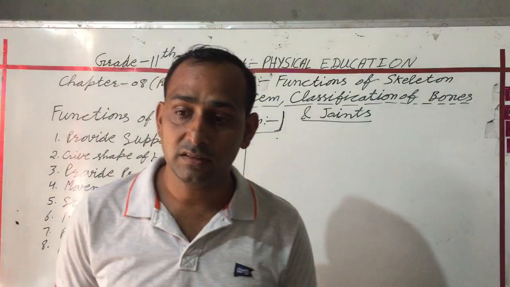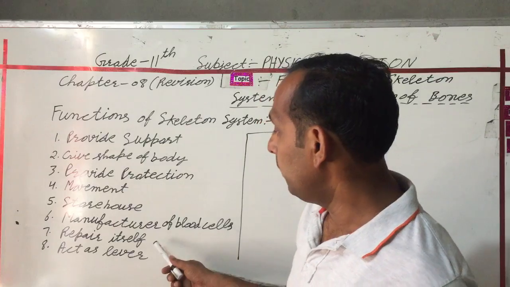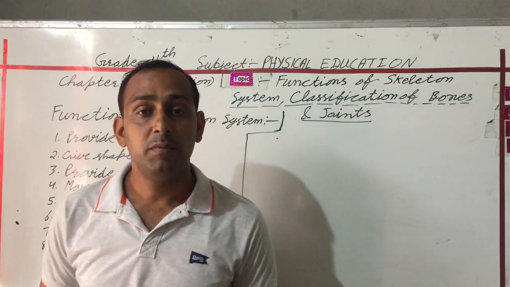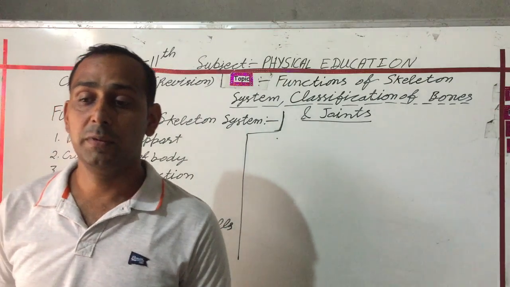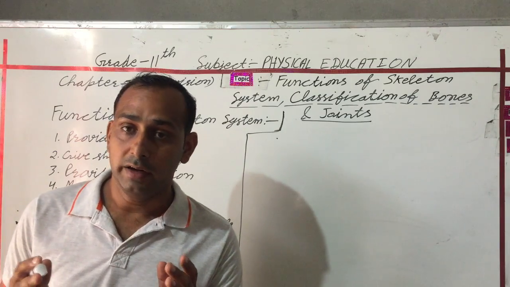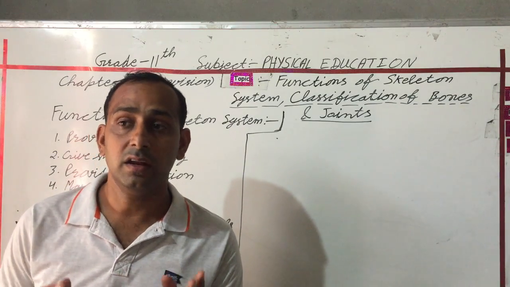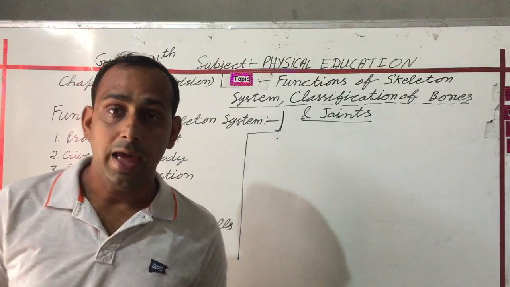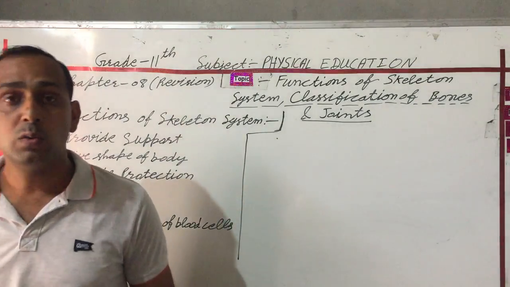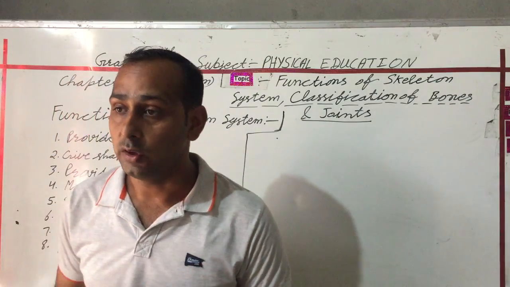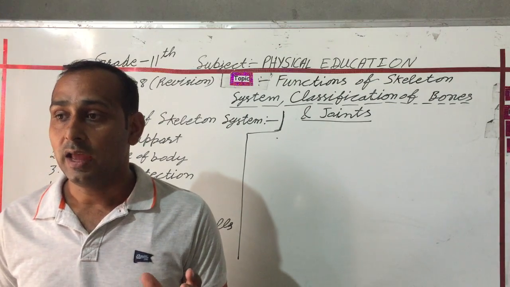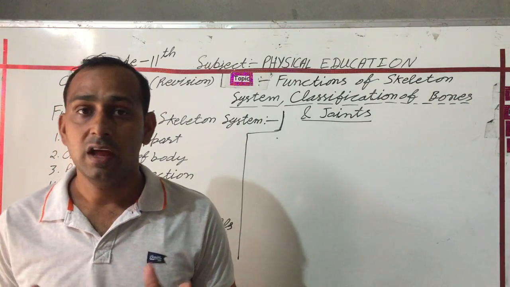Next is repair itself. Bones are capable of self repair whenever they are damaged. Last is act as lever. Bones act as levers in our body. These help to do work easily and provide movements.